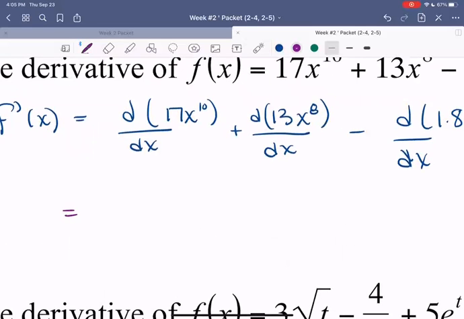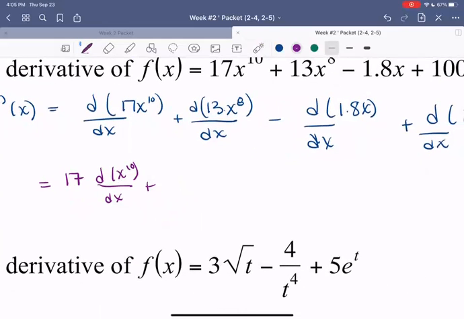All right, so now we can just compute the derivative of each term. We see this first term here is a product, and in particular, we have our constant that we're multiplying by. So the constant just comes out, and now we just take the derivative of x to the 10. Similar to the next problems, we just have a constant being multiplied by each function, or each term with an x.